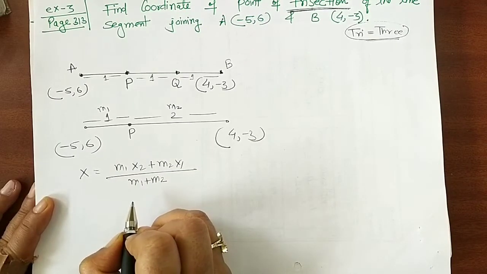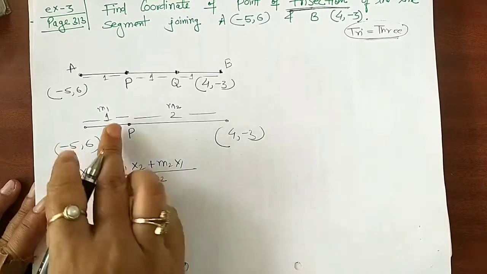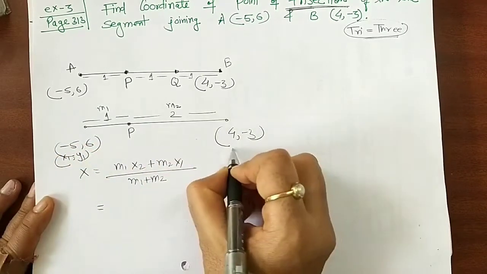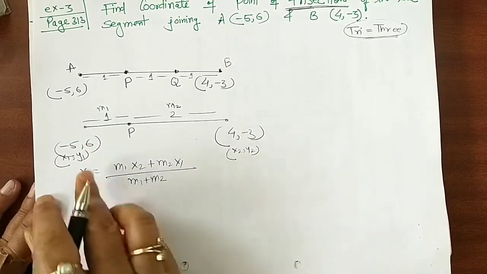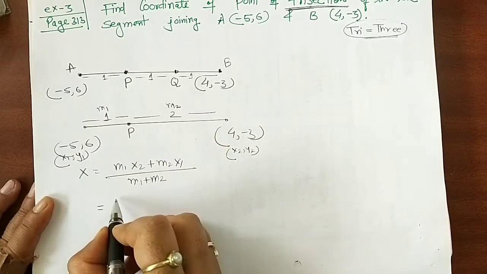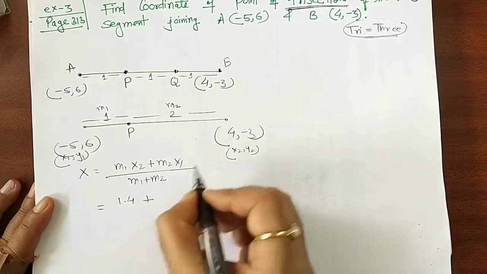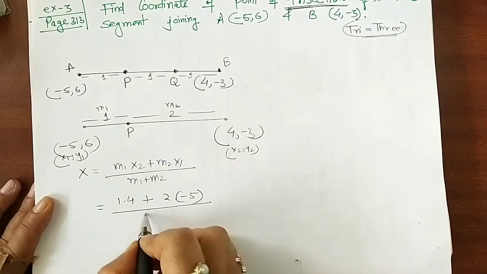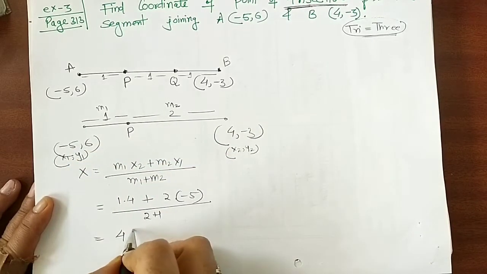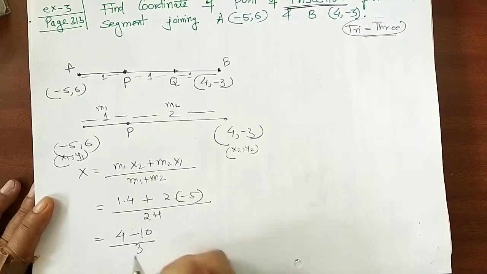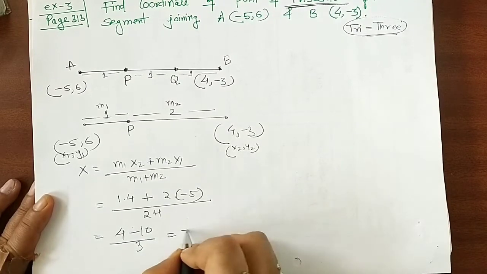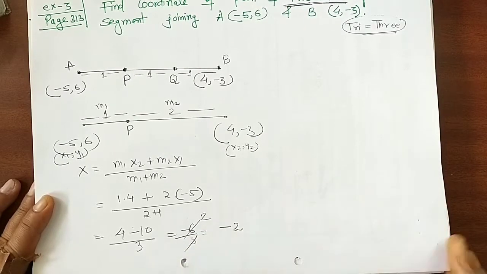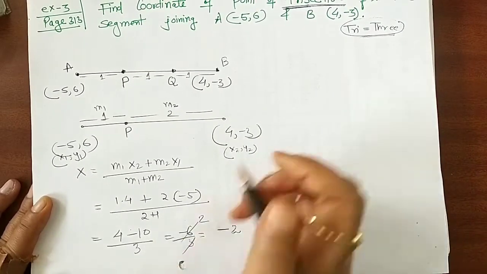If I keep the values, this is my x1 y1 and this is my x2 y2. So m1 x2, that means 1 into 4, plus 2 into x1, which is -5, by m1 plus m2, 2 plus 1. That is 4 minus 10 by 3, which is -6 by 3, which is -2. Understood? So this is my x point.